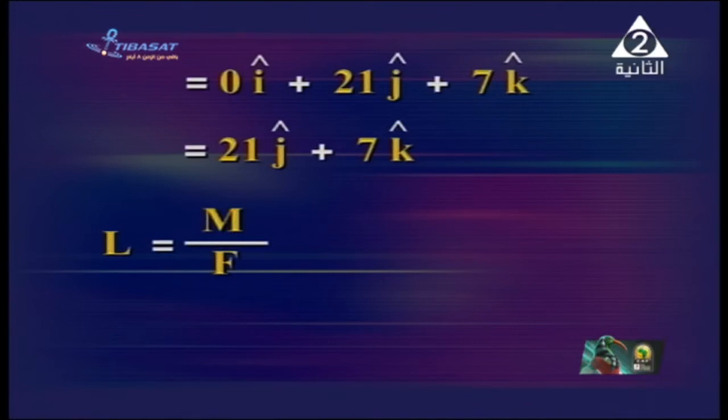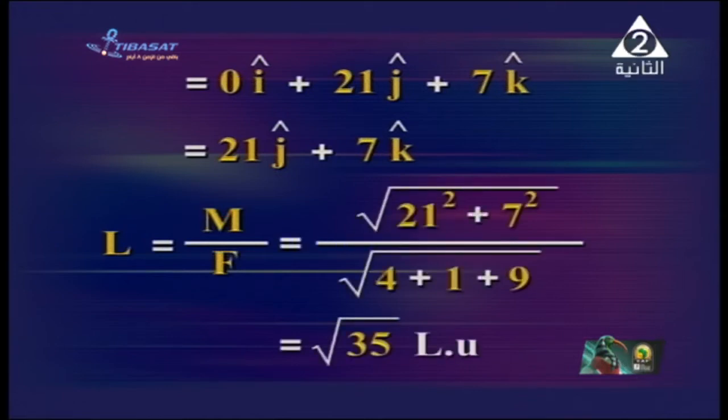We know the length of the perpendicular equals the norm of the moment over the norm of F. What is the norm of the moment? The moment equals 21j plus 7k. The norm of the moment is the square root of 21 power 2 plus 7 power 2.